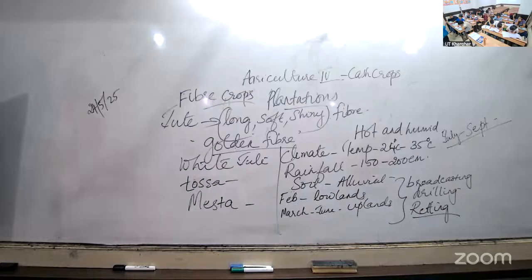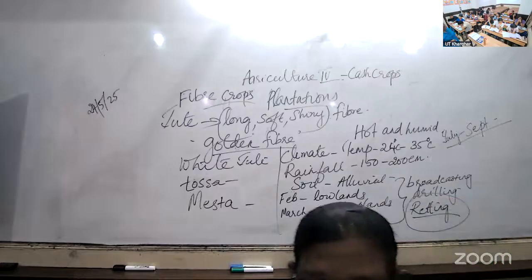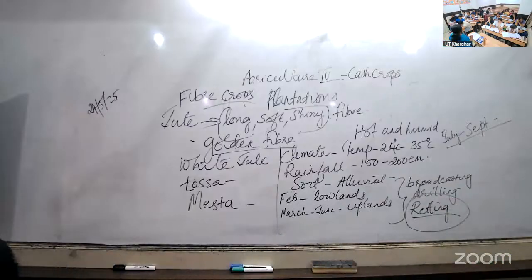Then it is very easy to remove the thread. That method is known as the retting method. Did you understand what the retting method is? Retting is the process of separating thread from the jute by soaking in water.